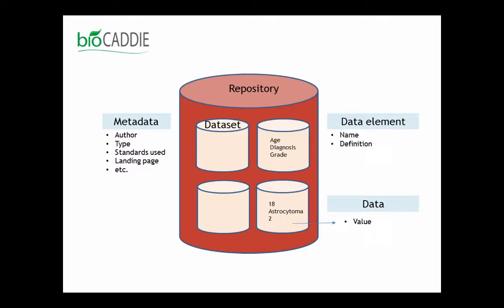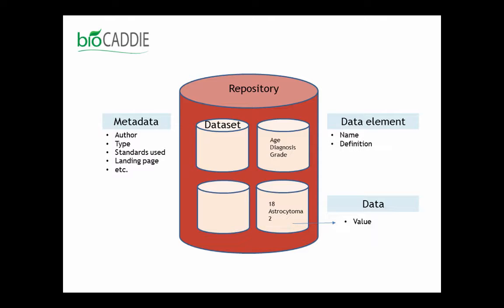In this example, the age, the diagnosis, and grade are things that we know are present in the repository. But the ultimate goal is to even index at the value set, because then you really find patients of a certain age range with a certain diagnosis, with a low grade, and so on and so forth.